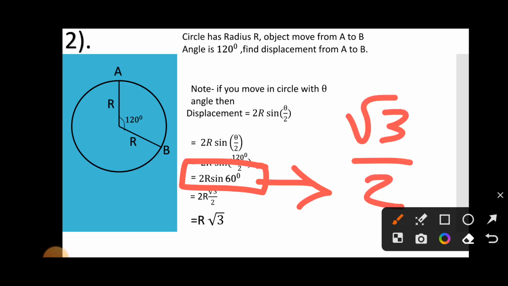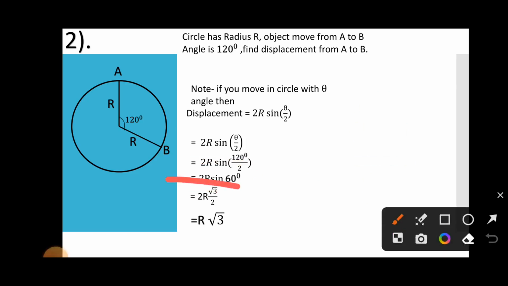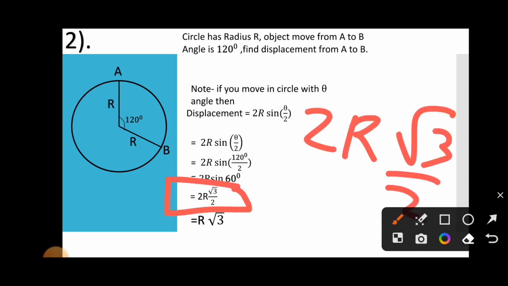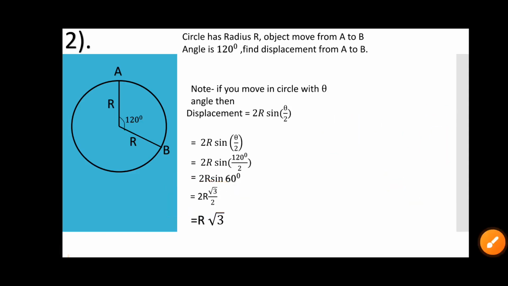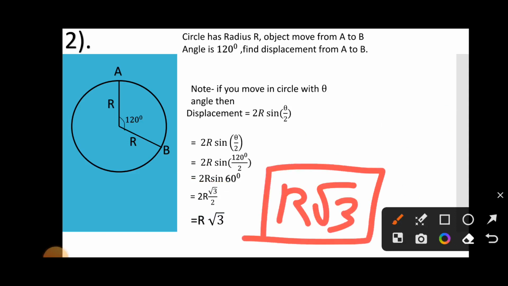Put the value of sine 60 degrees. Then the displacement is equal to 2r into root 3 by 2. And finally we get the displacement is equal to r root 3. If we move in the circle with 120 degrees from point A to B, then our displacement is equal to r root 3.